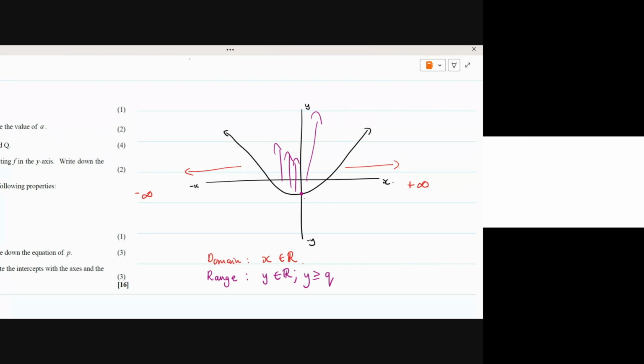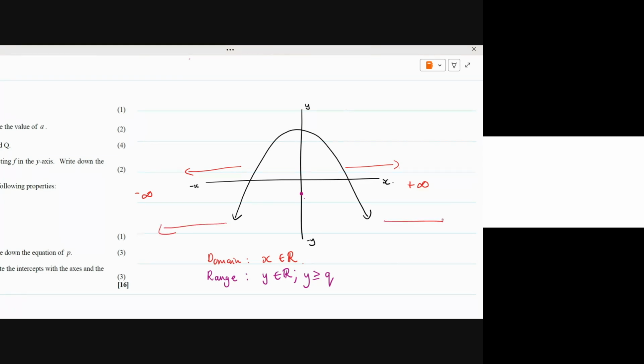If I drew it in the other direction, let's say facing down, my x values do not change. They're going to keep going in that direction forever and in that direction forever. But now my y values will keep going down, and there's a point where my y values can't go up anymore, and that is at the turning point.